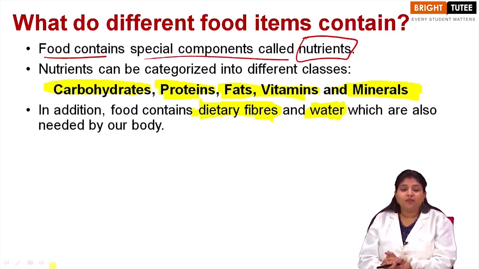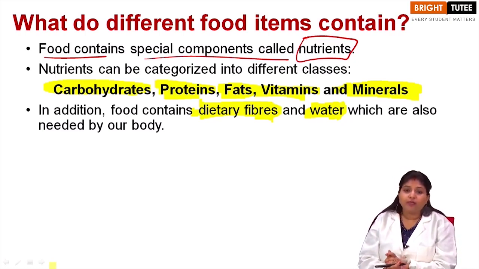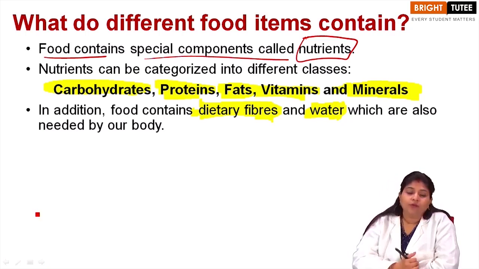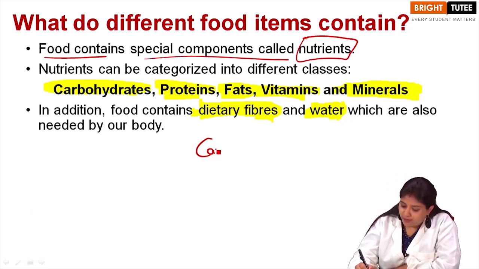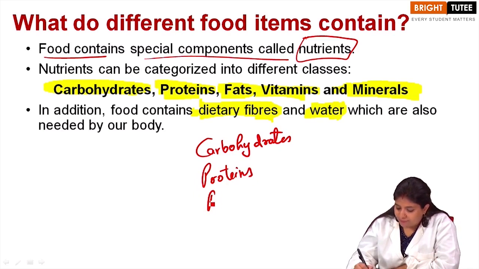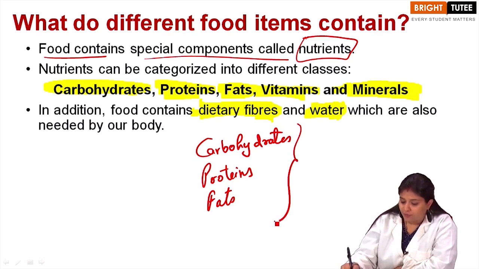To understand whether a food material contains a particular type of nutrient or not, we can conduct certain activities which we are going to do now. We are going to do tests for carbohydrates, proteins, and fats. These are the three tests which are quite easy to perform and all of you can do it.